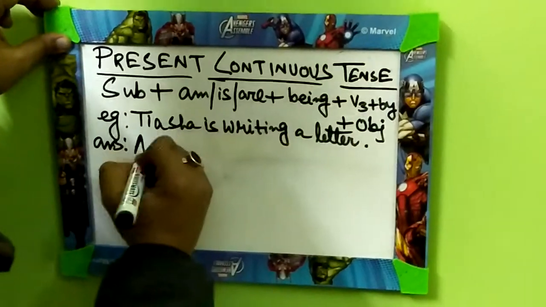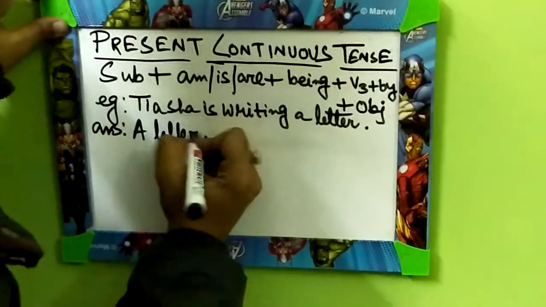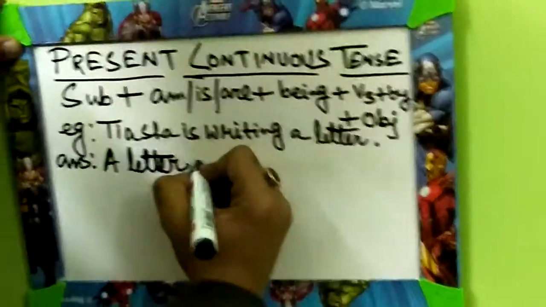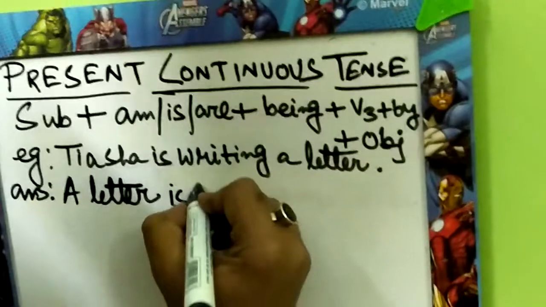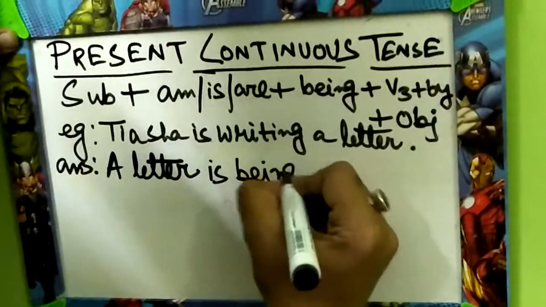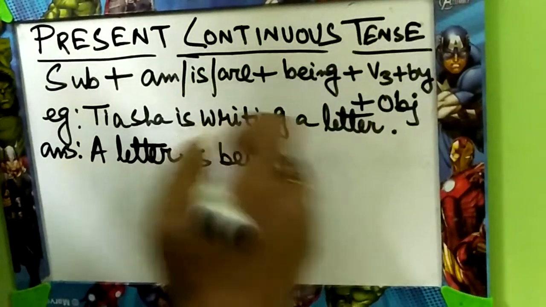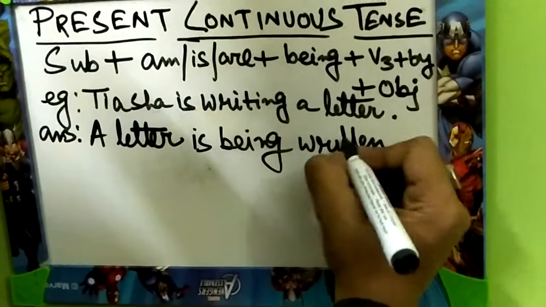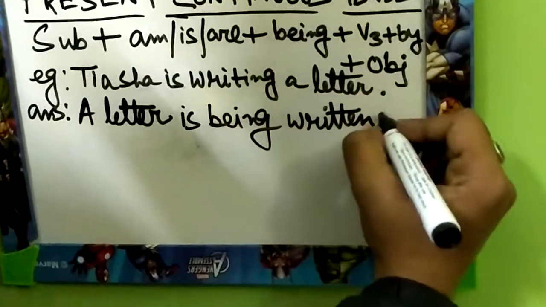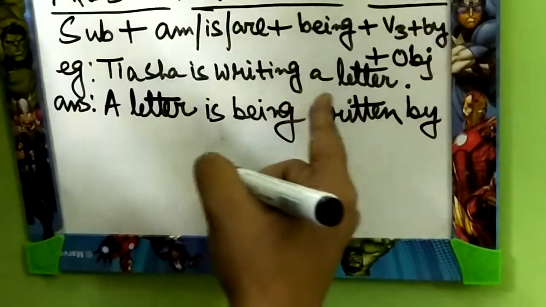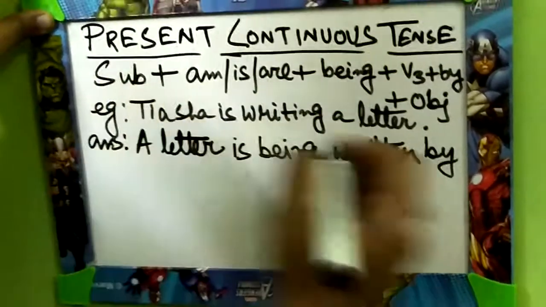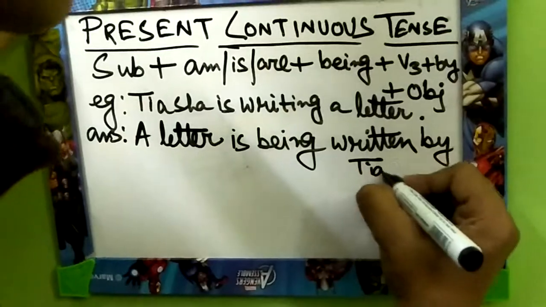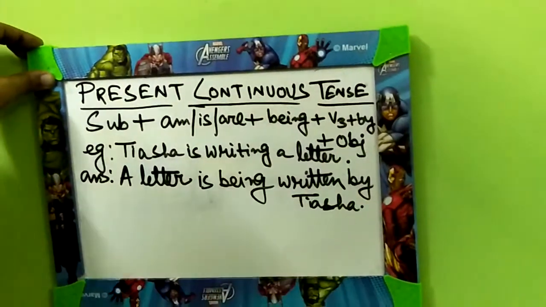Subject, a letter, then is, then being, the third form of the verb given, the third form of write is written, then by plus object. The subject will become the object. A letter is being written by Tiasha.